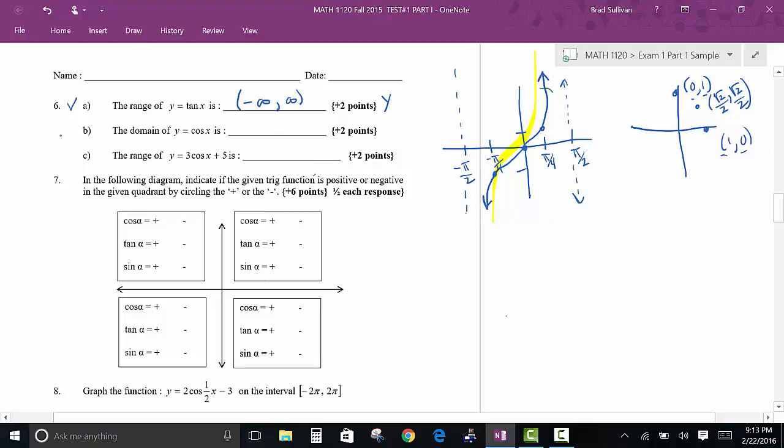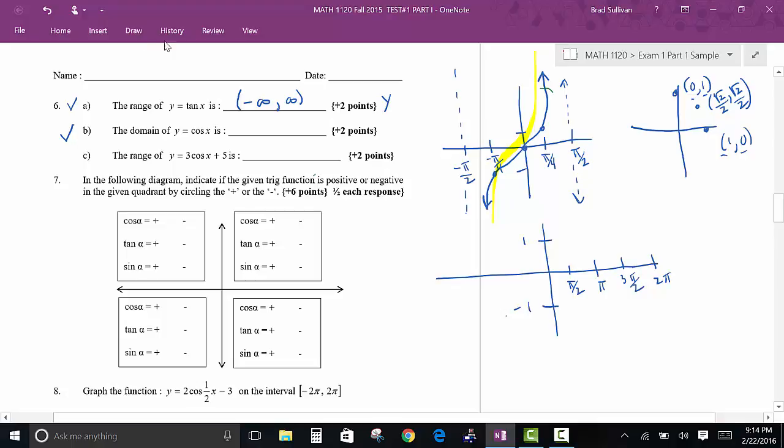Okay, domain of the cosine. Okay, well, what does the cosine look like? There's a couple ways to look at this. When we learned about the cosine graph, excuse me, this went like this. So it's kind of important that you memorize the sine and cosine.